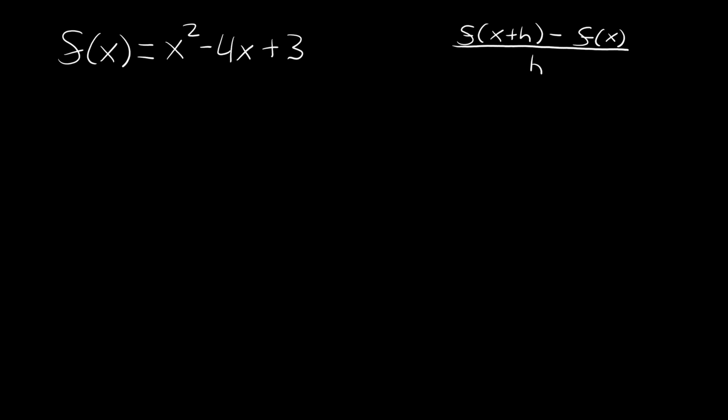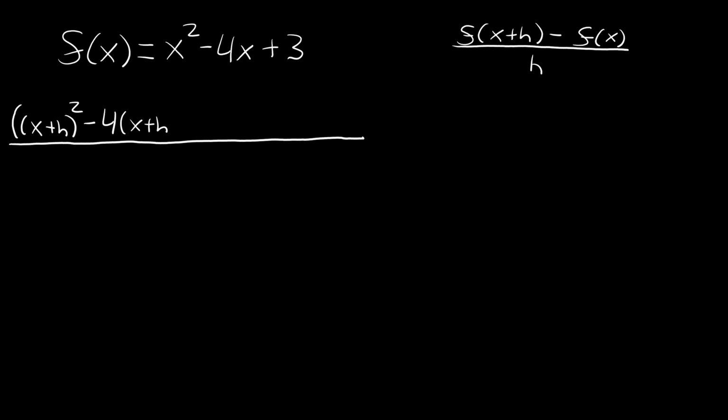So the first step will be plugging in x plus h everywhere we see x. So x plus h squared minus 4 times x plus h plus 3, then minus f of x. So we'll have x squared minus 4x plus 3 all over h.